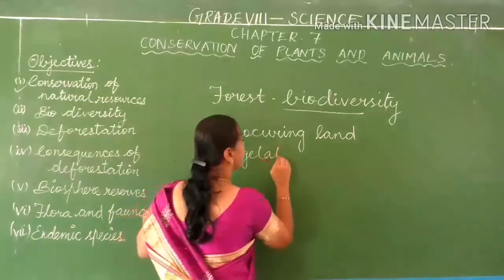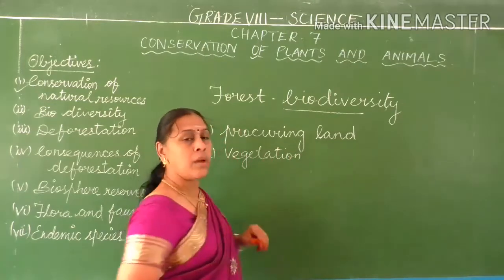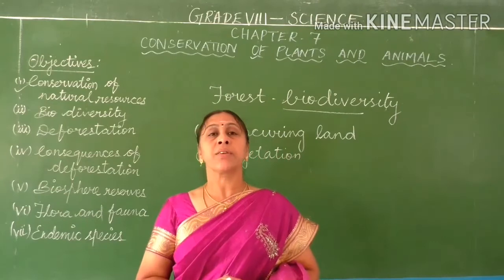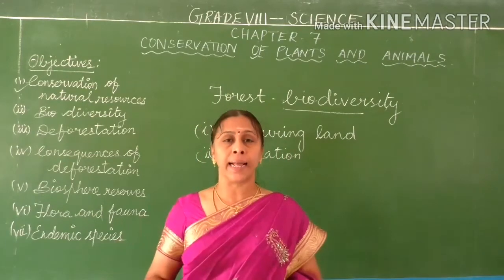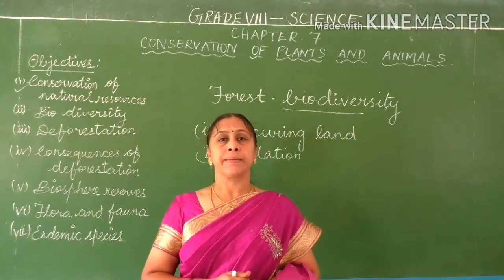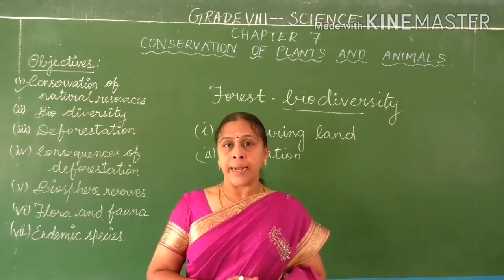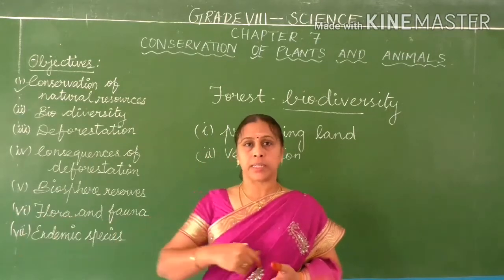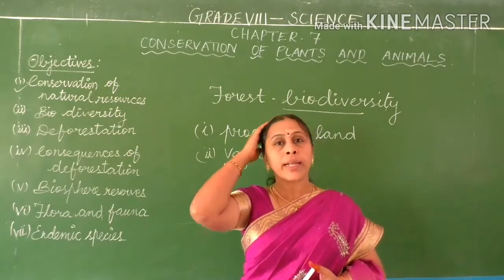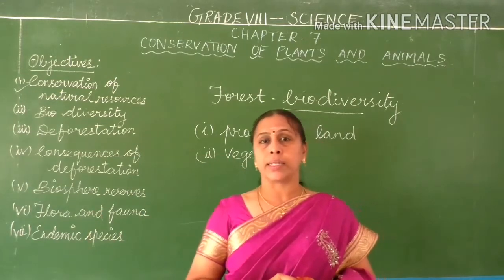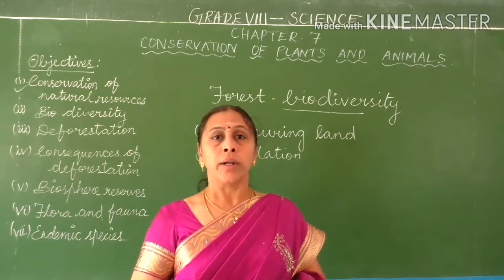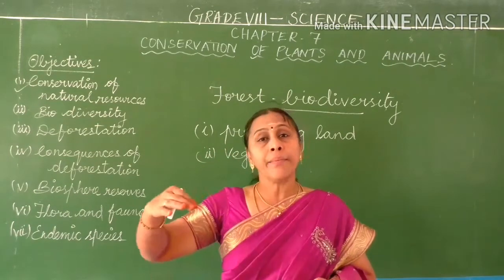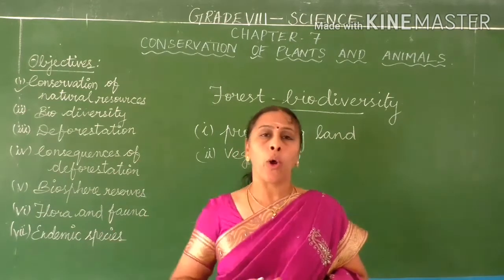For vegetation also, we have to procure land for various plants and for agriculture. We need more land. For that also, we are clearing the forests, cutting down trees in the forest and occupying that land. Is it not? So naturally, the living habitat of the animals gets destroyed.